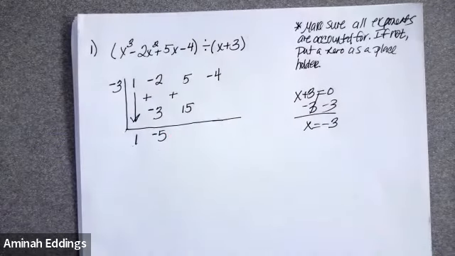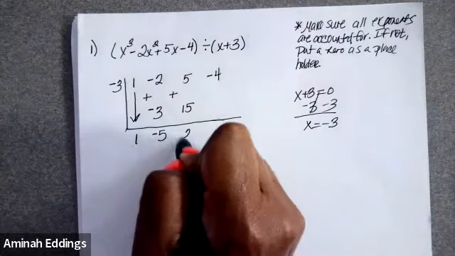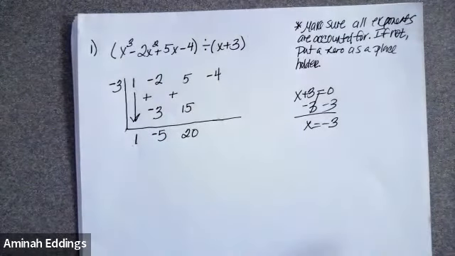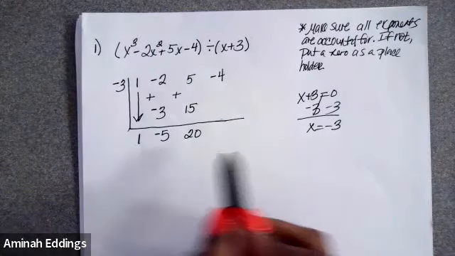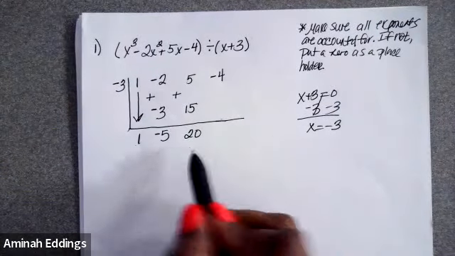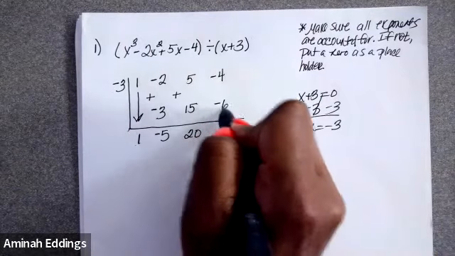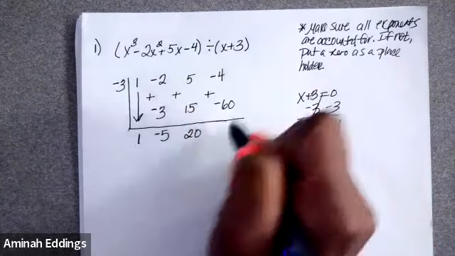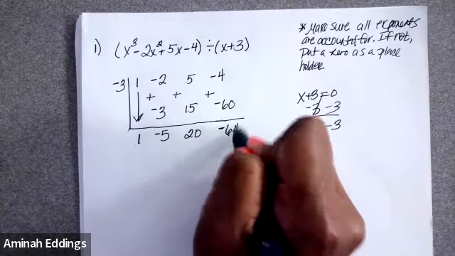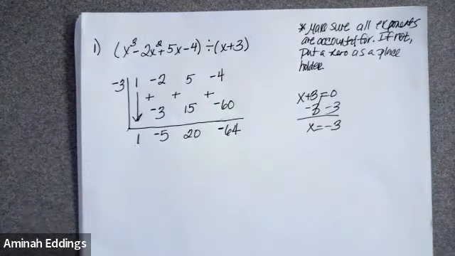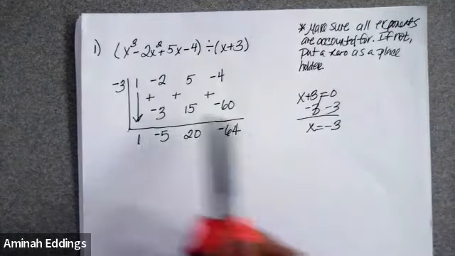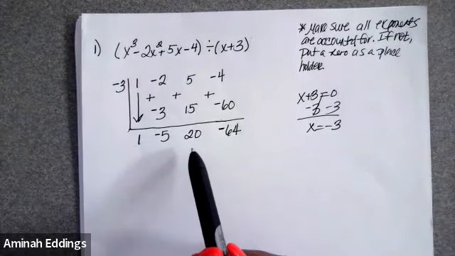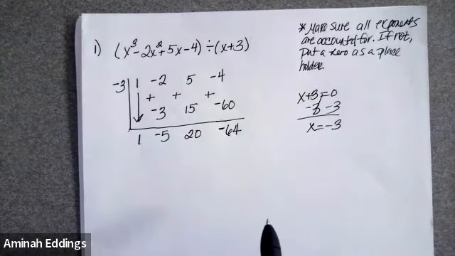So 5 plus 15 is 20, goes outside. We do the same thing again. -3 times 20 is -60. And then we combine. -4 plus -60 is -64. Okay. So these are going to be the coefficients of our new problem.